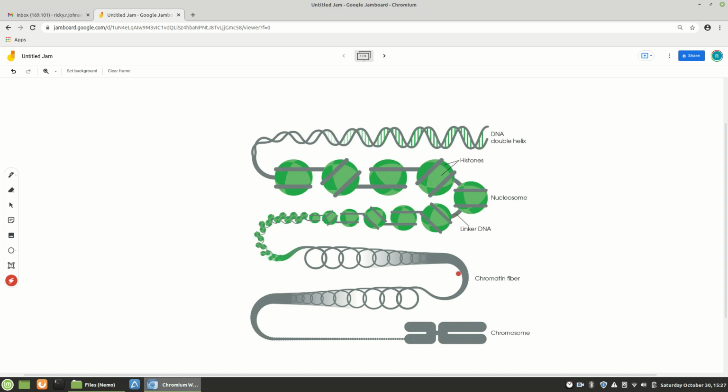So how tightly you wrap the DNA around these histone proteins and form nucleosomes determines how well transcription occurs. And if you don't do transcription well, you're not going to be making many proteins.